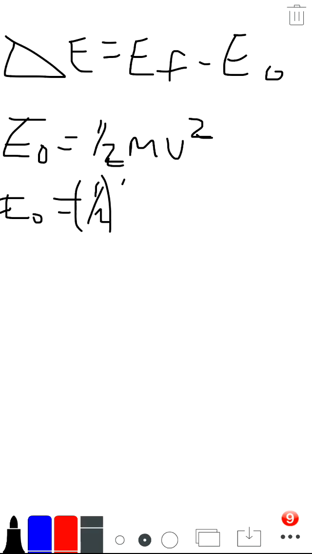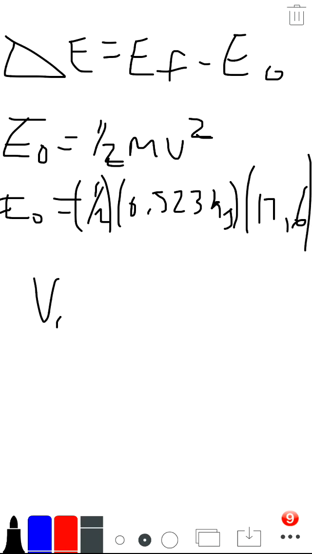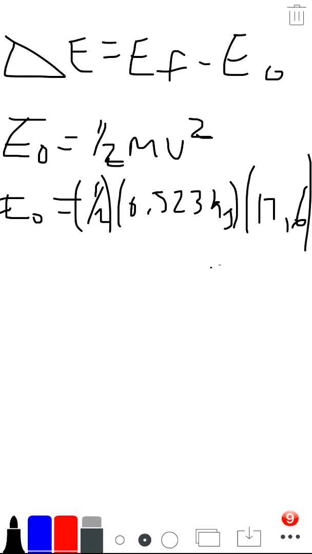So 1/2 times 0.523 kg times 17.6, and that 17.6 is meters per second.